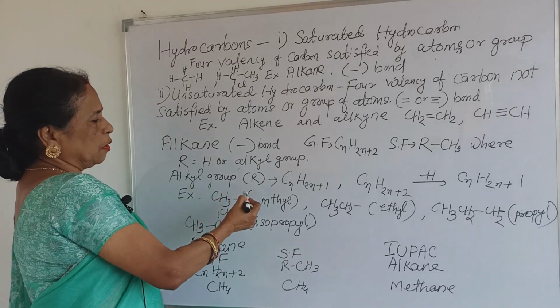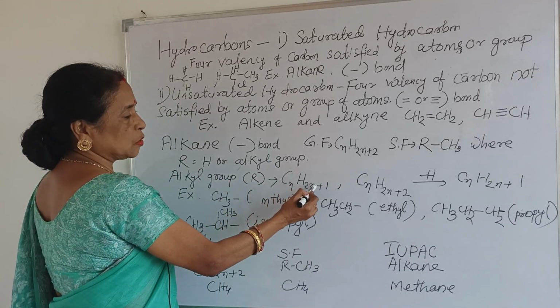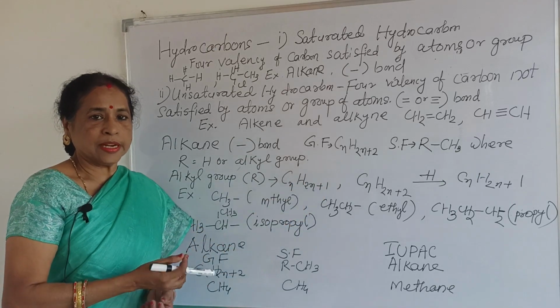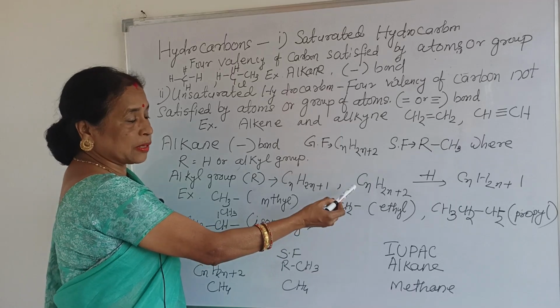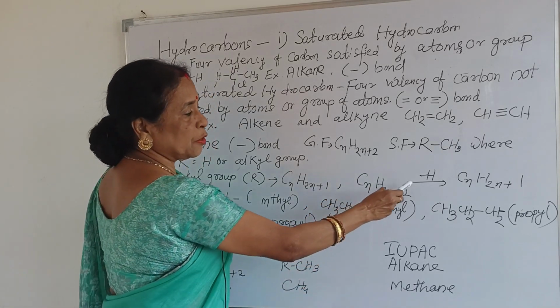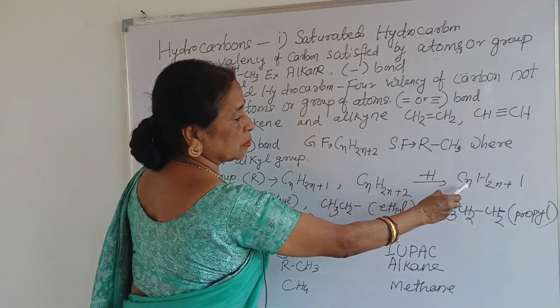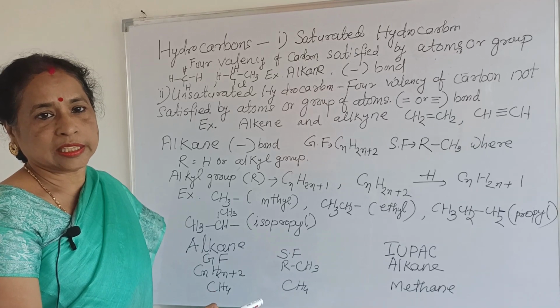So alkyl group, that is R, and what is the formula? CnH2n+1. That means one hydrogen atom less than alkane. What is the alkane general formula? CnH2n+2. When you remove hydrogen, then it becomes CnH2n+1. That is called alkyl group.